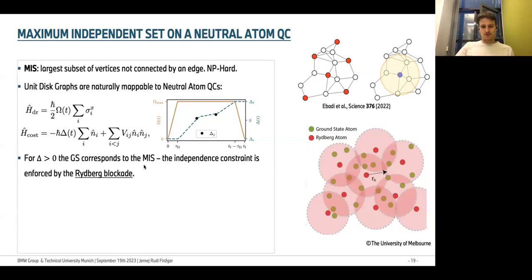As such, the ground state of this Hamiltonian on a neutral atom quantum computer directly corresponds to the solution of the maximum independent set problem.